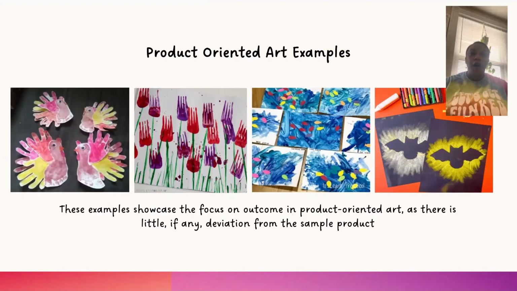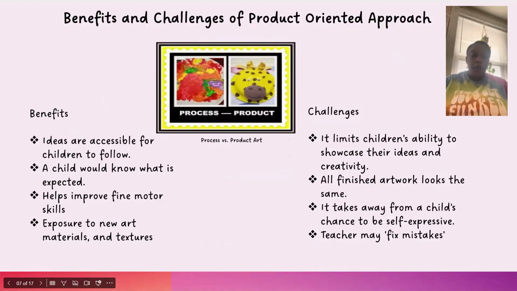The benefits of the product-oriented approach are the ideas for children to follow. Children can actually look at something and think, oh, I can do that too, and it can inspire some children. The child would know what is expected of them in that situation.